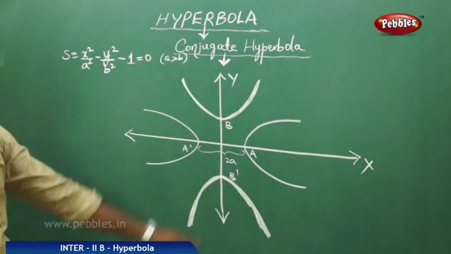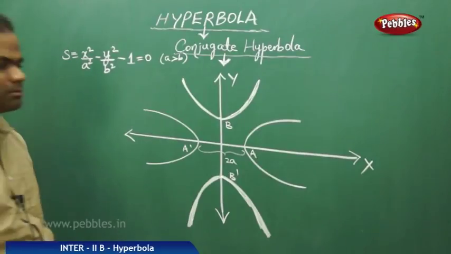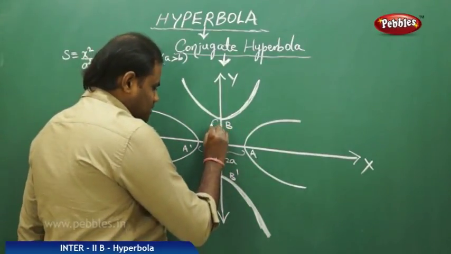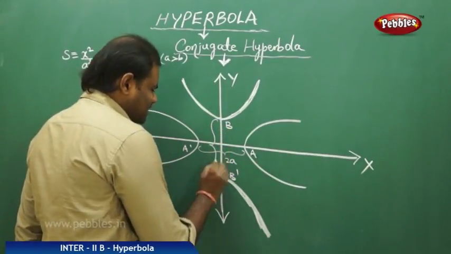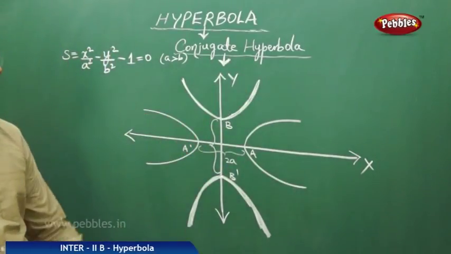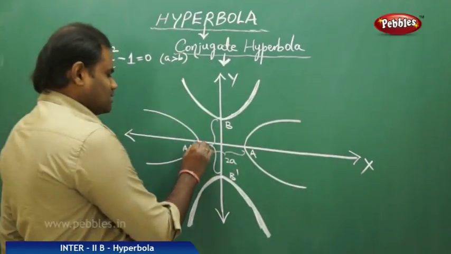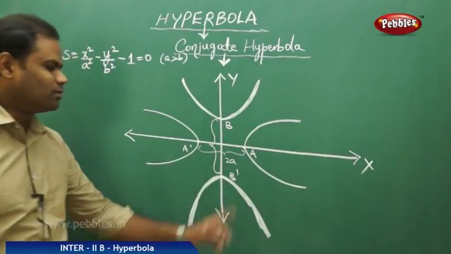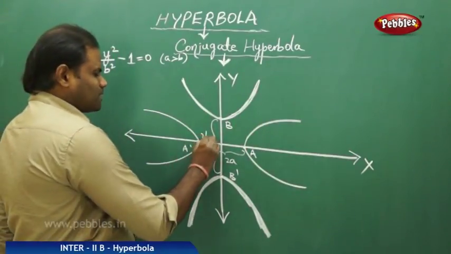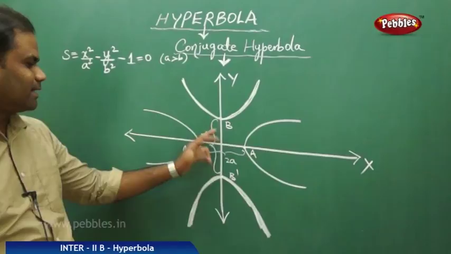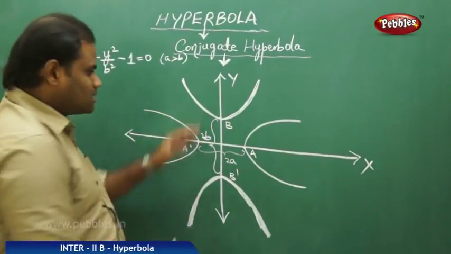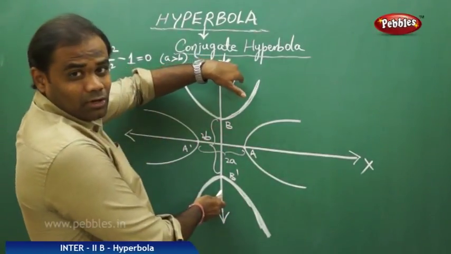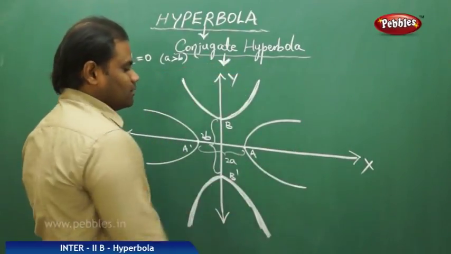So this hyperbola is called the conjugate hyperbola because its transverse axis is the conjugate axis of the original hyperbola, and its conjugate axis is the transverse axis of the original hyperbola. So with those transverse and conjugate axes interchanged, this hyperbola is called the conjugate of the given hyperbola.